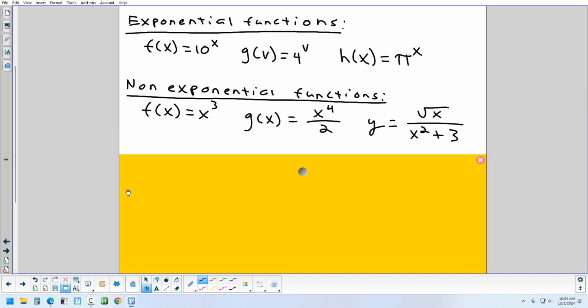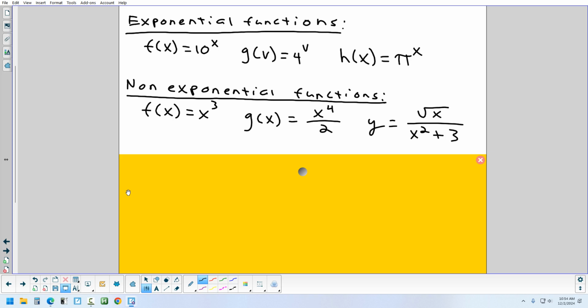So that top row, those are all exponentials. Two things they need to have: a variable for the exponent, and they have to have a base not equal to 1. And remember, the base is a real number, so decimals in the base, no problem. That's fine. The three below are not exponentials.